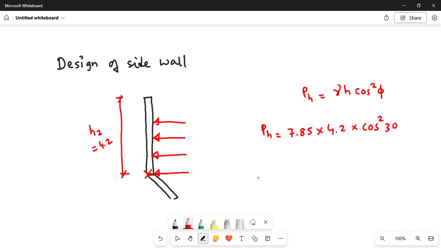So pH is coming as 24.73 kilonewton per meter square. The maximum value of pH will be at the bottom because it is a function of height. As the height increases, the pH value also increases. So at the bottom you get the maximum lateral pressure, pH equal to 24.73 kilonewton per meter square.